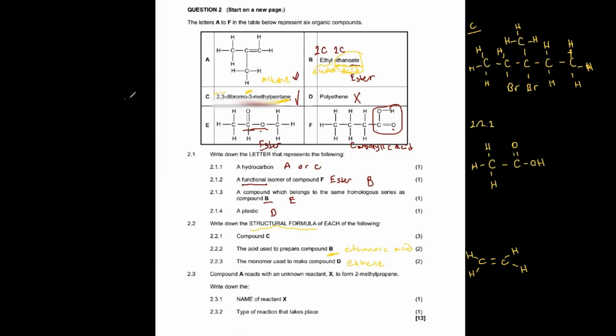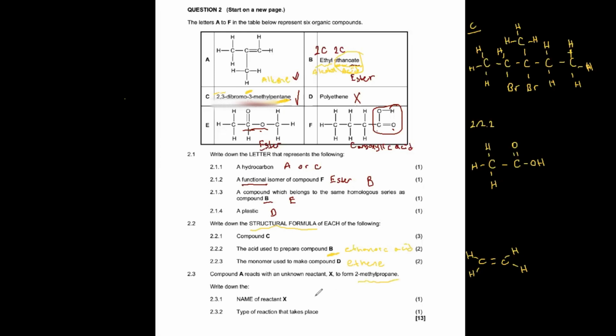And the last part of this question, 2.3, compound A reacts with an unknown reactant X to form 2-methyl propane. Write down the name of the reactant X and the type of reaction that takes place. We haven't covered the types of reactions or the reactions of organic compounds yet, but let me just go through it quickly. Compound A is an alkene, and here the end product is an alkane.